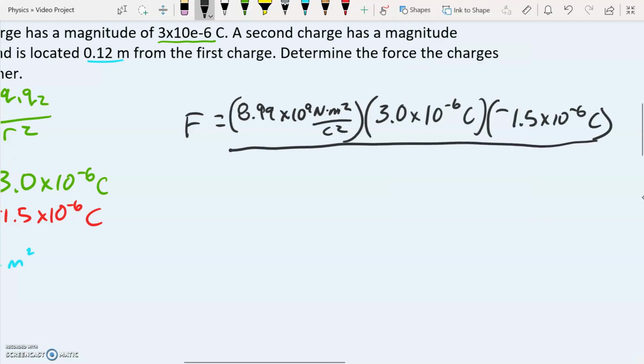And that's all over our radius, which is 0.12 meters squared. If we punch that into our calculator, we end up with 2.78 newtons. And remember, we get newtons because all of the rest of our units cancel.